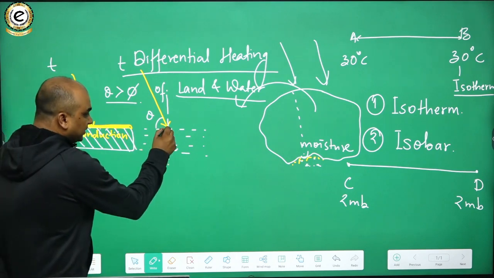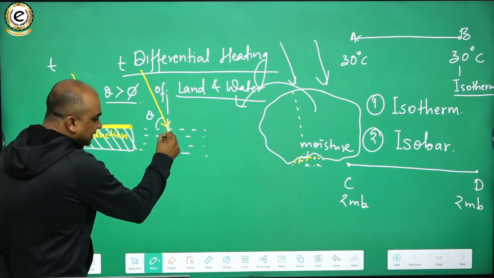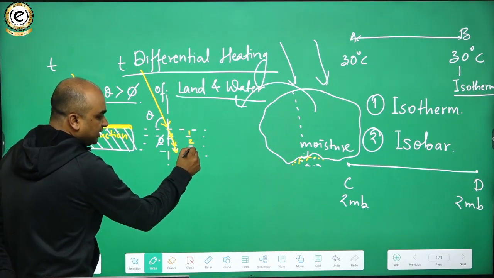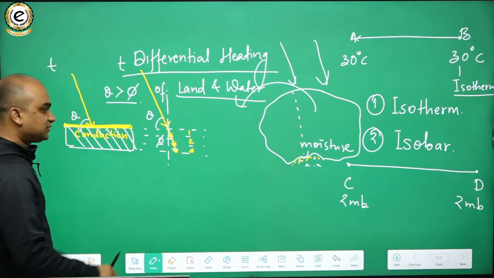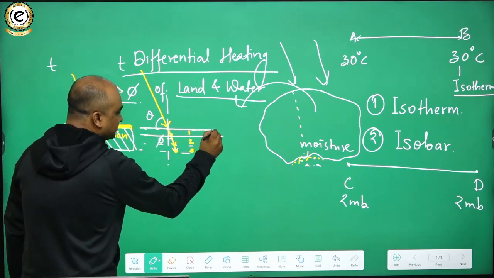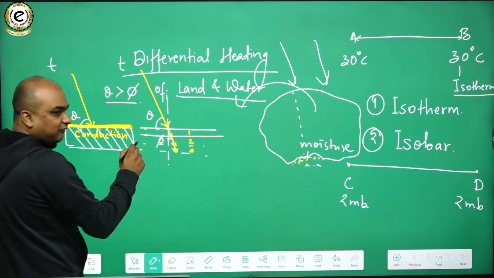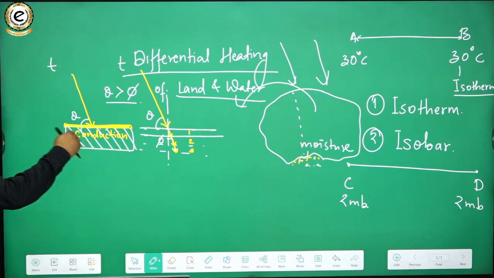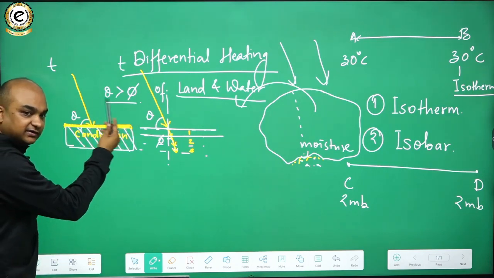So now look here, the same amount of energy is getting distributed between layers, because this is layer 1, layer 2, layer 3. So at any given point in time, the total amount of energy concentrated at the topmost section of water, or at the water surface, would be relatively less when compared to land. Ceteris paribus, which means all the other factors are constant.